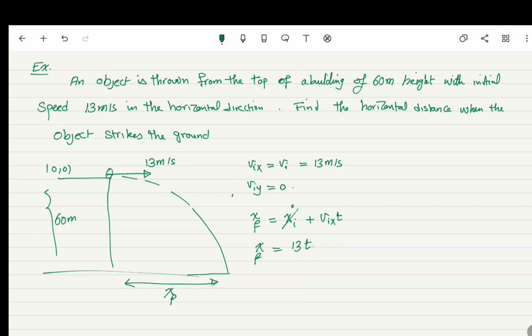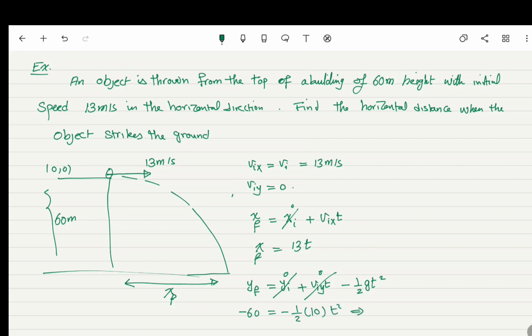To find the time, use the y equation. So y final equals y initial plus the initial v y t minus half g t square. Now y initial is 0, and the initial v y, because it's thrown horizontally, is 0 as well. So y final, minus 60, equals minus half 10 t square.